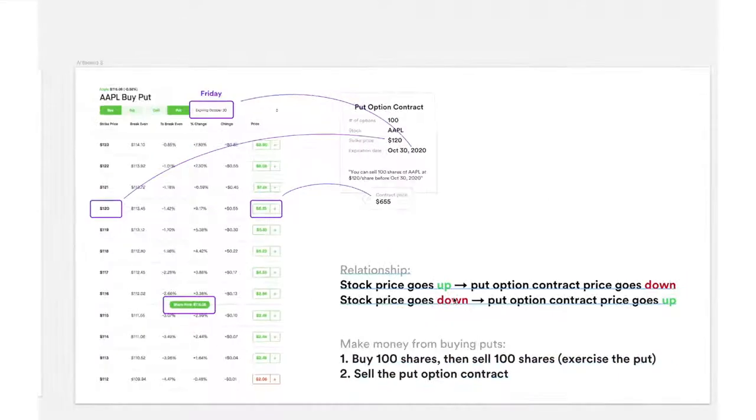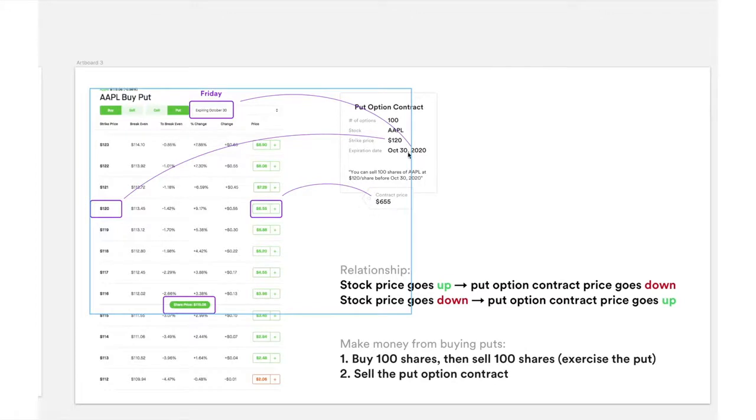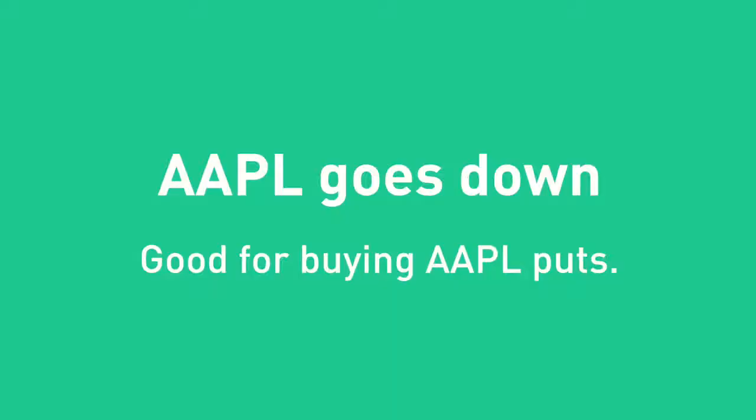Or if you remember the relationship, if the stock price goes down, the put option price goes up. So you can wait for Apple to go down, and then the put option contract price will go up to $755, and then you can sell the put option contracts to another person to make the profit in that way as well. Okay, so let's take a look at more in detail of those two ways of making money in buying puts.